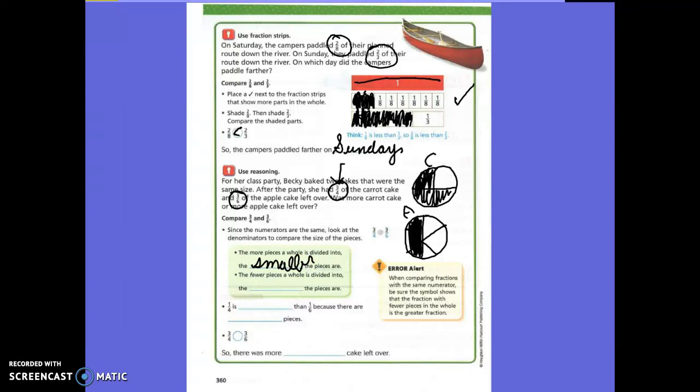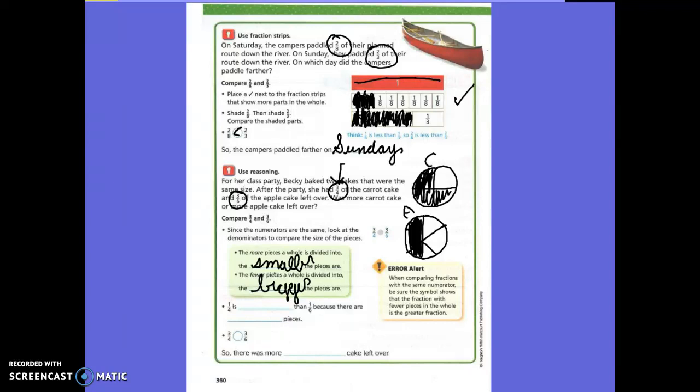The fewer the pieces the whole is divided into, the what? No, it's not more. The blank the pieces are. If it's split into less pieces, then the pieces will be, everyone, bigger. 1/4 is blank than 1/6.